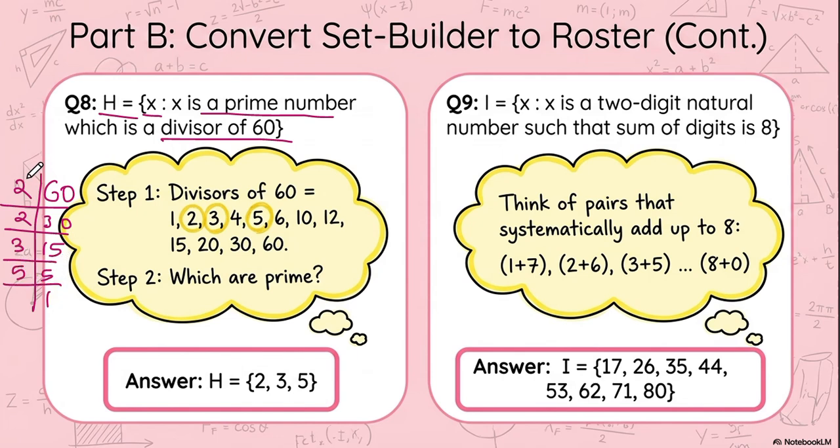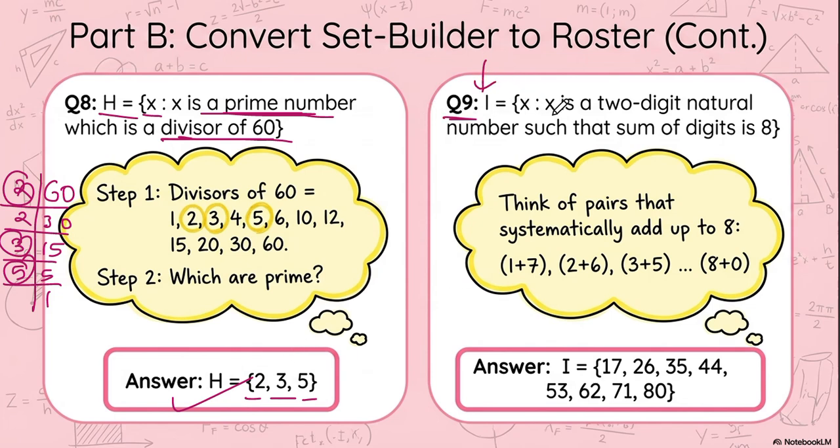So what prime numbers are we getting? 2, 3 and 5. We want only prime numbers which divide 60. So which numbers will come in this set? 2, 3 and 5. So this is our roster form. Correct. Look at the next question.